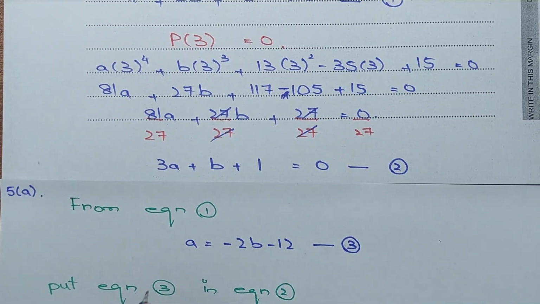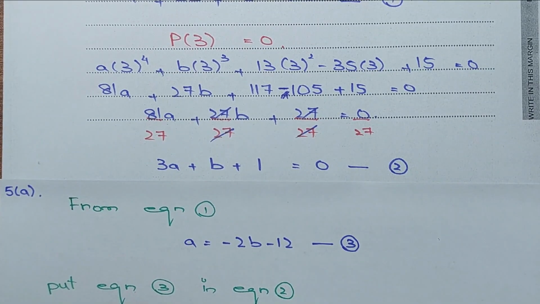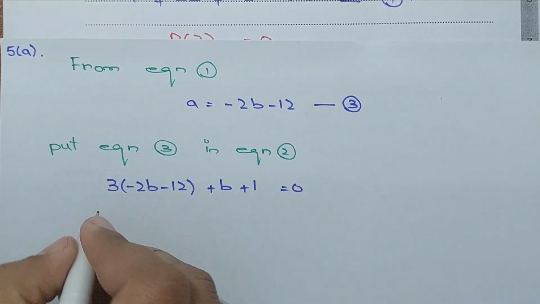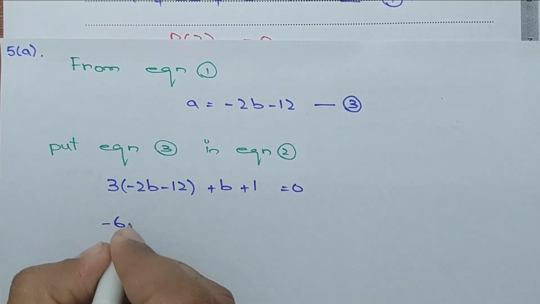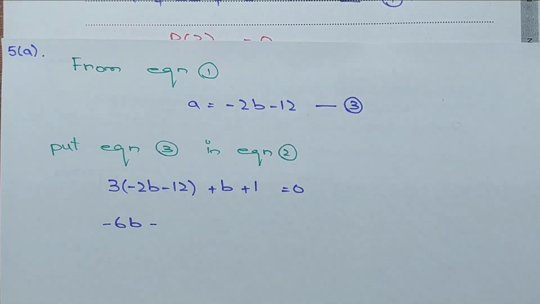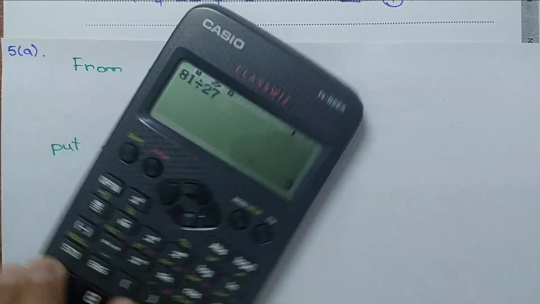Let me substitute it over here. 3 times A plus B plus 1 equals 0. I just substitute the A value over here, right? 3 times 2 minus 6b, and what is 3 times 12?